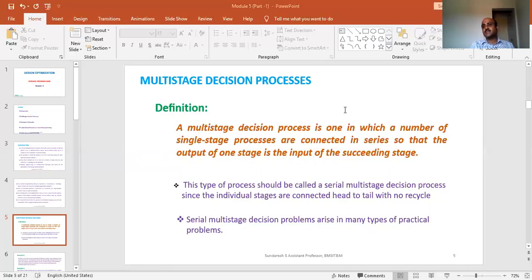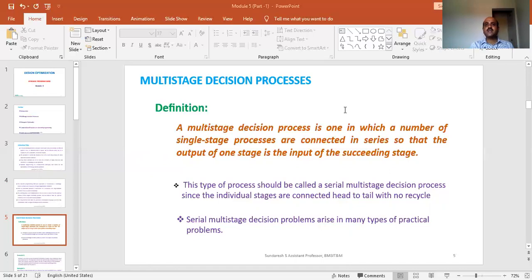So please remember this. When you say a multi-stage decision process, it is a combination of a number of single-stage processes. Each single-stage process is connected in series in such a way that the output of one stage will be the input to the succeeding stage.